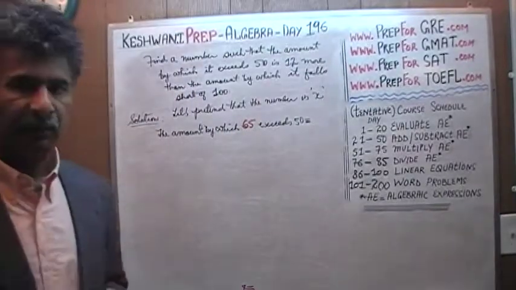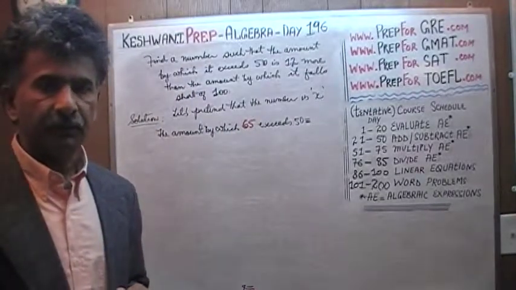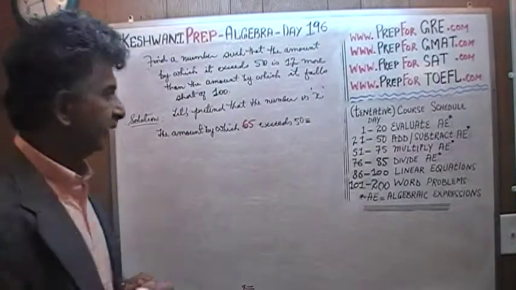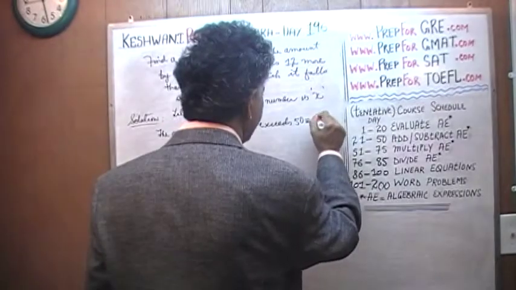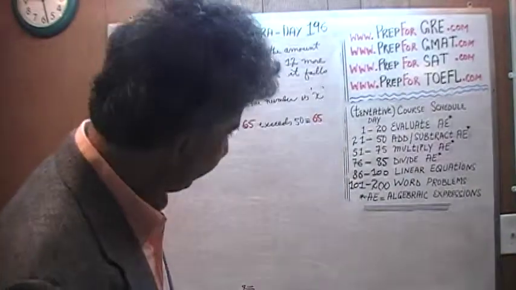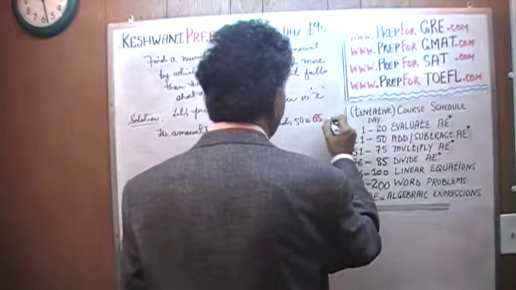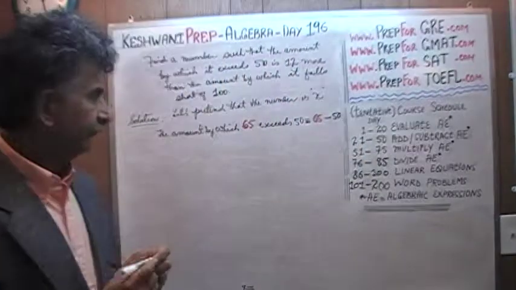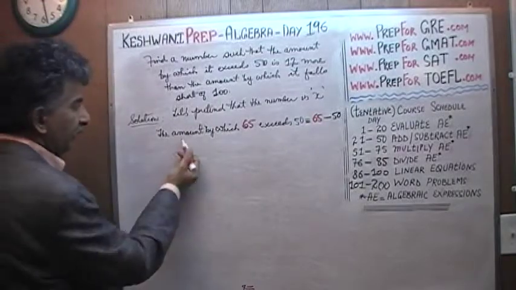How much is the amount by which 65 exceeds 50? Well, 65 exceeds 50 by 15. How do we find that 15? By taking 65 and subtracting from it 50. 65 minus 50.